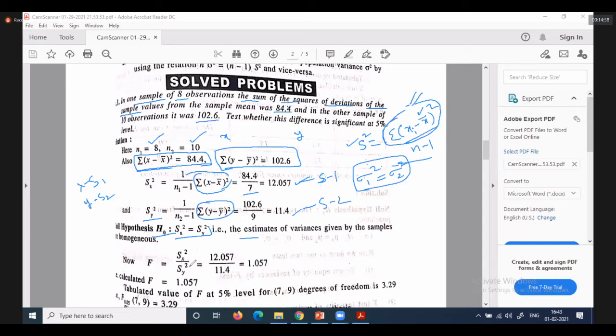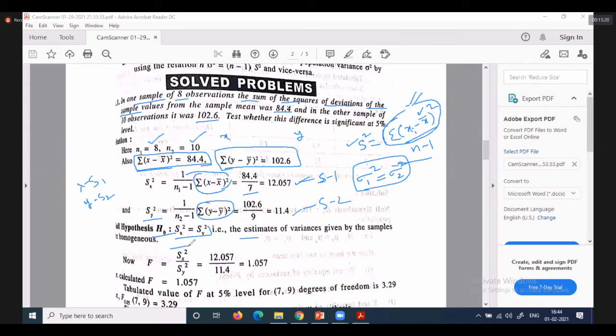Now after that, the test statistic. The test statistic is F calculated, which is S1 square, that means Sx square, by Sy square.